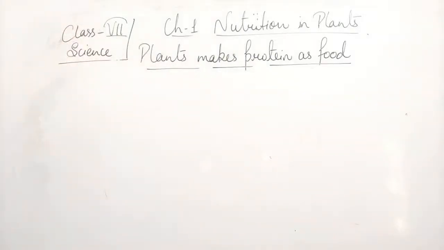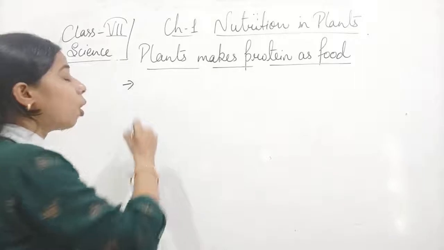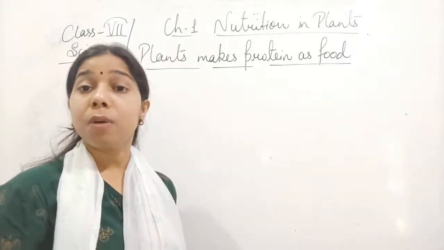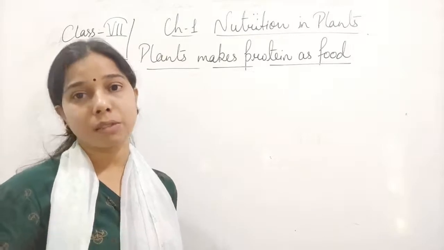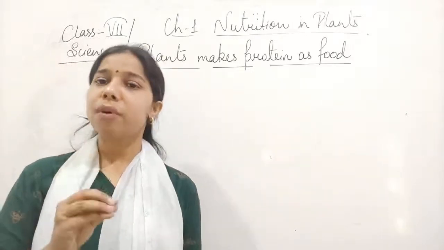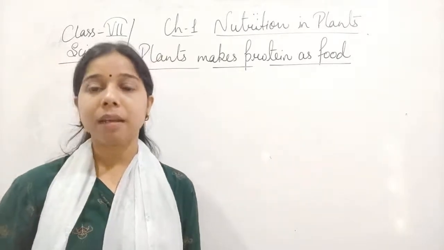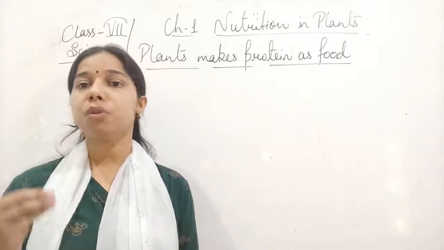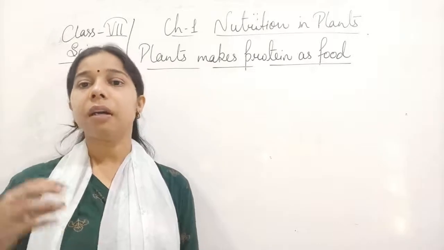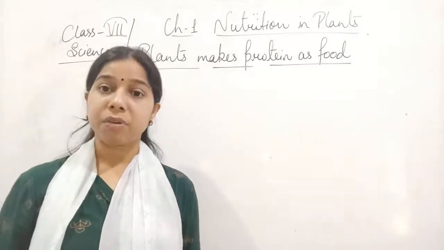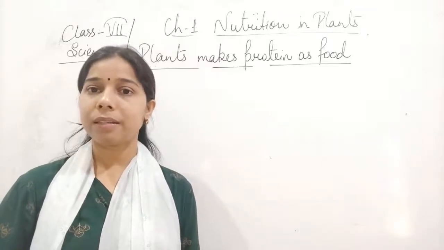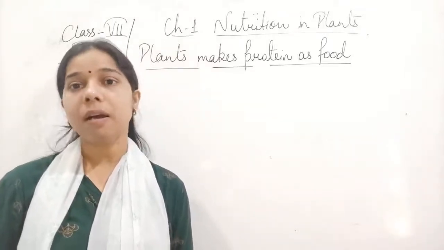Now you see here, student, not only carbon, hydrogen and oxygen, protein also consists of nitrogen. So some of the glucose molecules, the carbohydrate, combine with the nitrate mineral in order to make the amino acid, which helps in providing the protein to the plants.